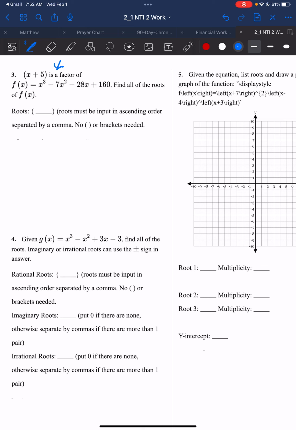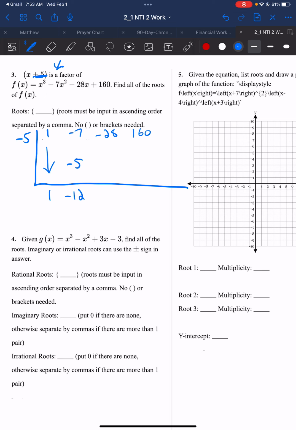So I'm going to have -5. Remember, you flip the sign of this right here. So you're going to have -5 outside. When I do my synthetic division, writing this down, 1, -7, -28, and 160. Bring it down, multiply to get back inside, -5.